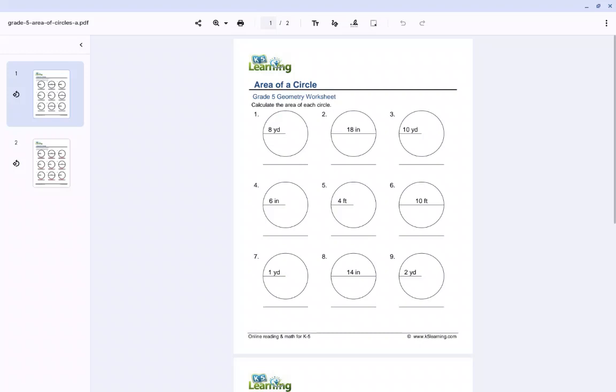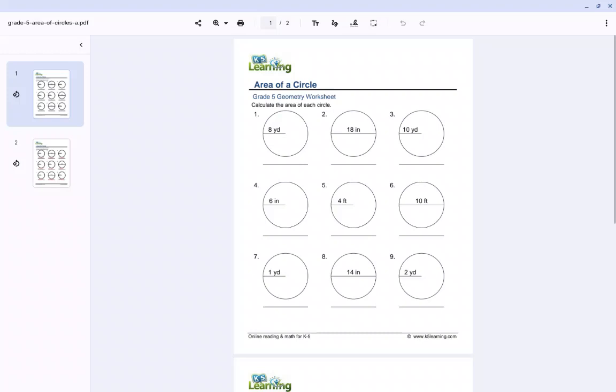So this 8 yards goes from the center to the outside, which means it's already a radius. So we have our area formula, pi times the radius squared. And remember, radius is not times 2. So another way to write this would be area is equal to, instead of pi, we use 3.14, and then squared would mean the radius times the radius again.